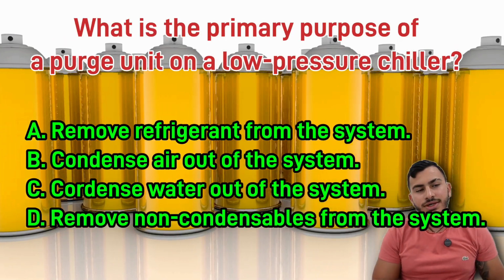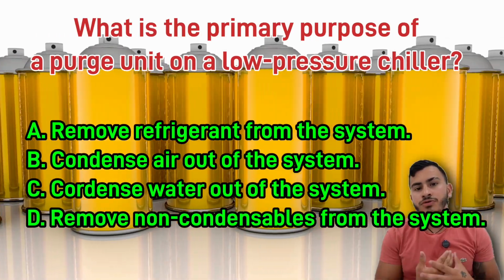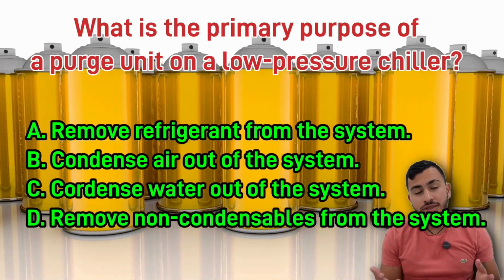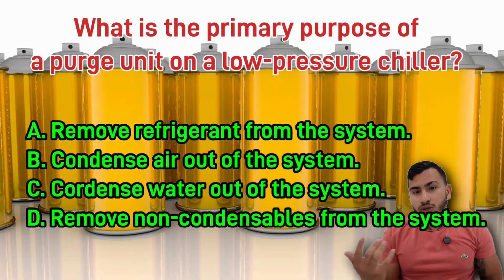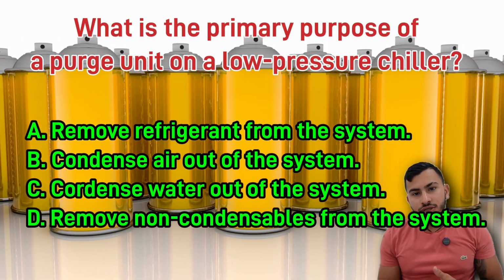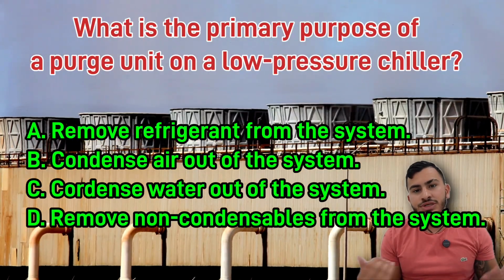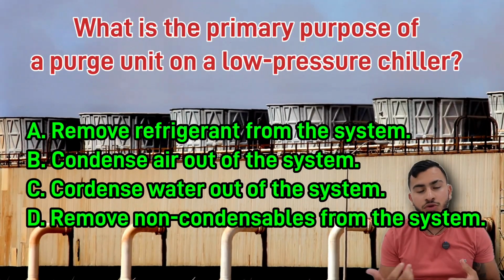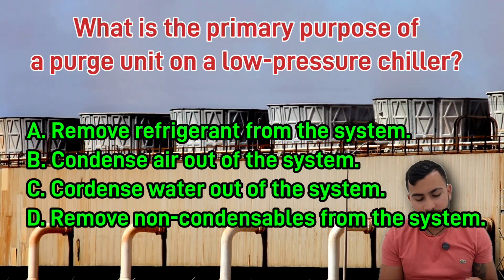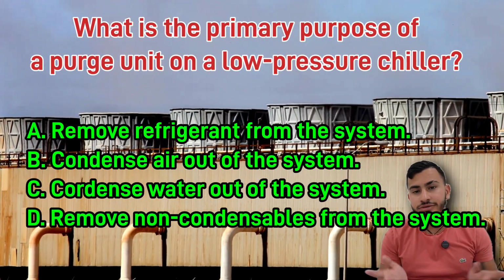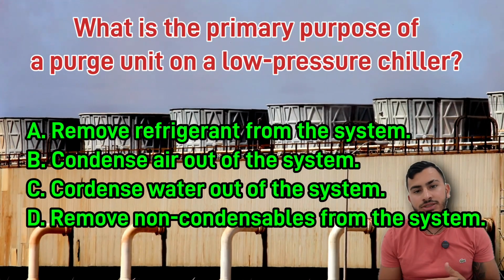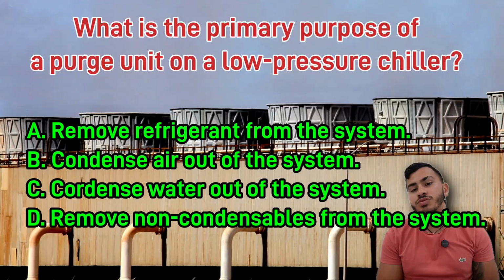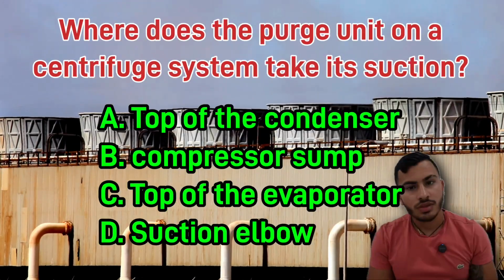This one is talking about the primary reason for a purge unit on a chiller. A purge unit in any equipment is to remove non-condensables from a system. So in a chiller it's the same thing. The answer will be D, to remove non-condensables.